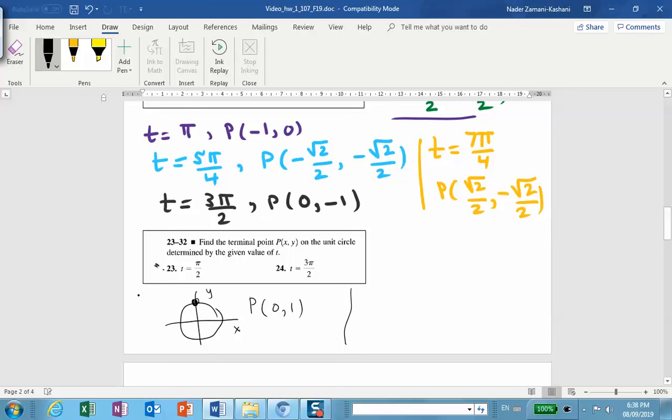This is for 23. And for 24, let me draw that again. There's a circle. 3 pi over 2, so each of these is pi over 2, 3 of them will take you there, okay? And obviously the coordinates of the terminal point is 0 and minus 1.